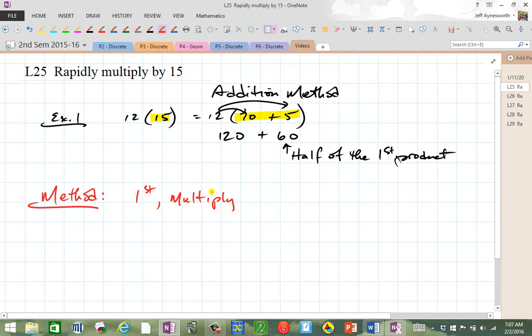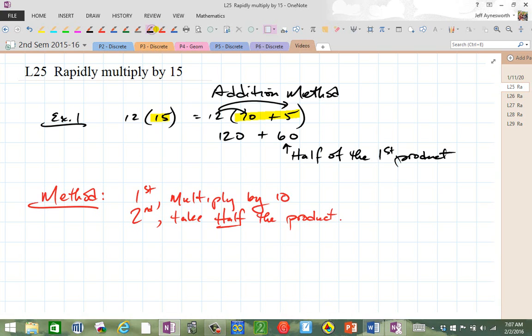And then secondly, we're going to take half the product. Let's underline half. Half means you divide it by 2, right? Half the product of your first answer, whatever step 1 is.